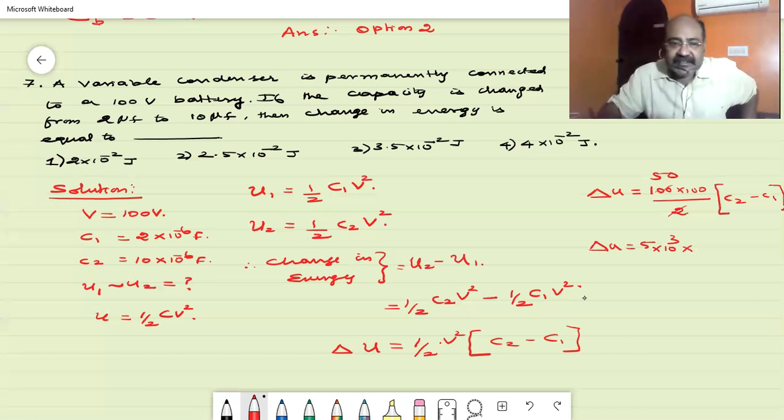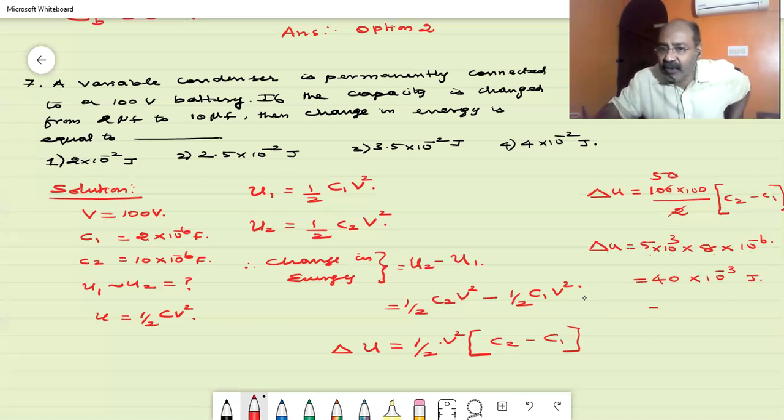What is the difference? One is 10, another one is 2. So the difference is 8. Multiplied with the common 10 power minus 6. On simplifying, 8 into 5, I will get 40 into 10 power 3, and with 10 power minus 6, you will get 10 power minus 3 joule. Or I can write it as 4 into 10 to the power of minus 2 joule as the answer.